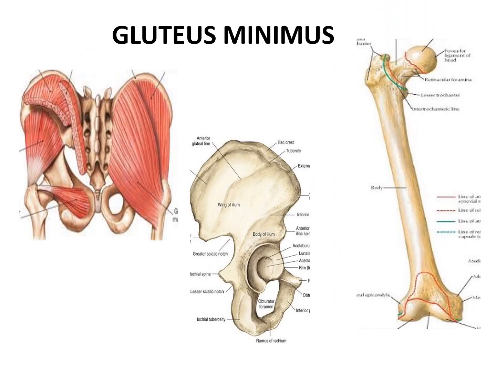Next, we go to the deep layer of this gluteal region, that is the gluteus minimus and the reflected head of the rectus femoris. Now, the gluteus minimus attachment on the hip bone. We will see here the gluteus minimus is attached on the ilium of the hip bone in between the anterior gluteal line and the inferior gluteal line.